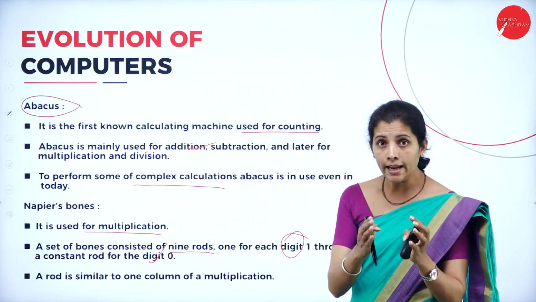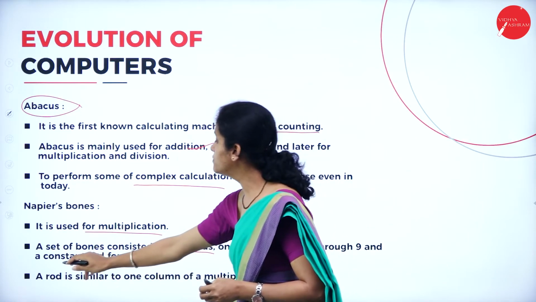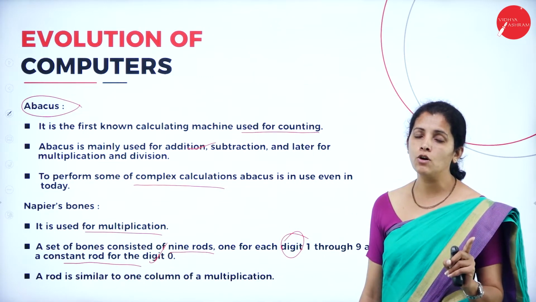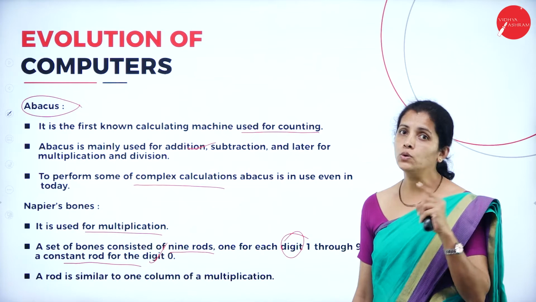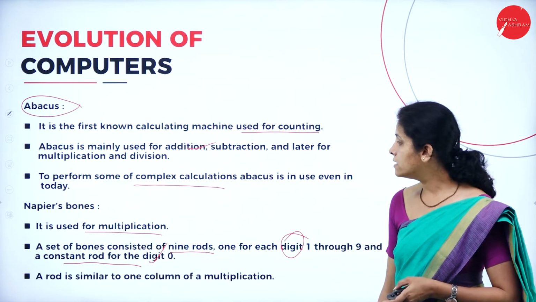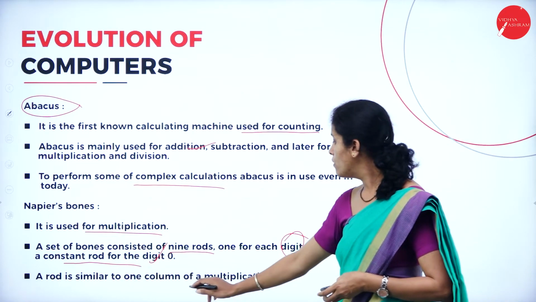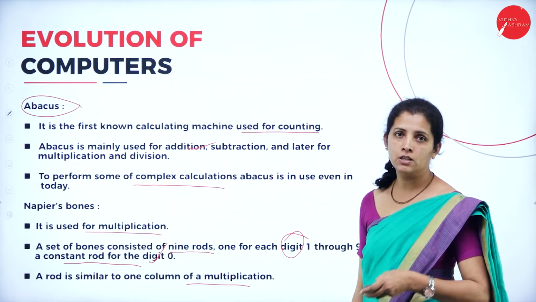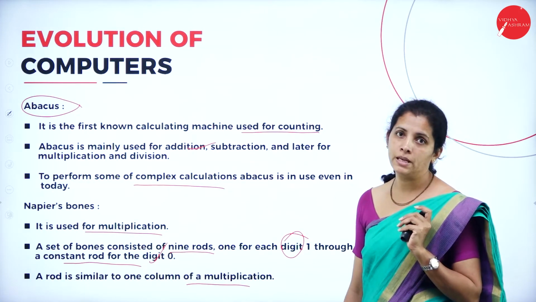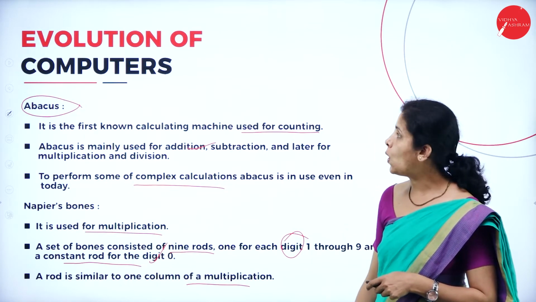So for 0, one constant rod, and for 1 to 9, I have 9 rods. And a rod is similar to one column of a multiplication. So 1 rod is 1 column of a multiplication, 2 rods, 2 columns, and so on.